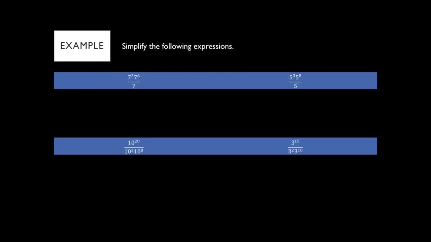All right, so to simplify these kinds of things, we're going to use these 2 rules together. So again, I'm going to rewrite our rules. a to the m times a to the n is a to the m plus n, and then a to the m over a to the n is a to the m minus n.